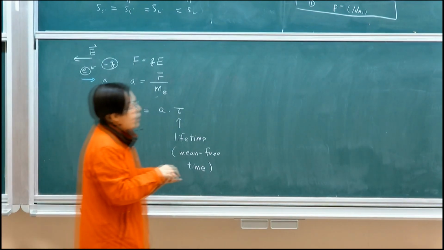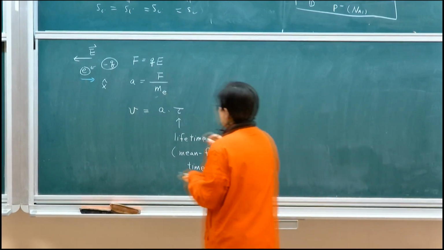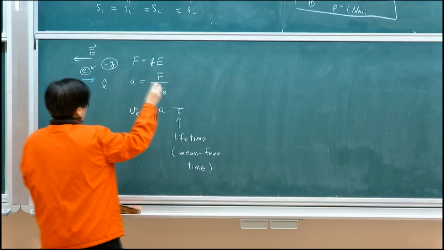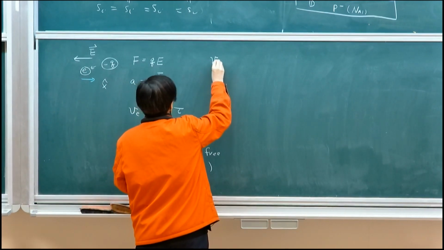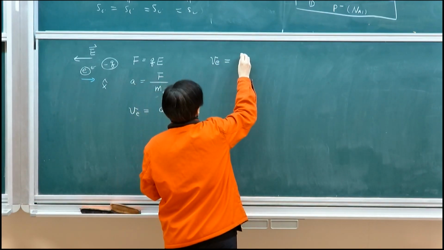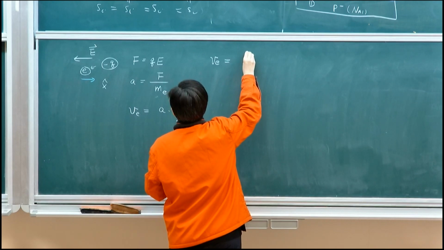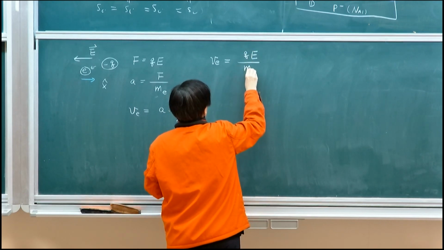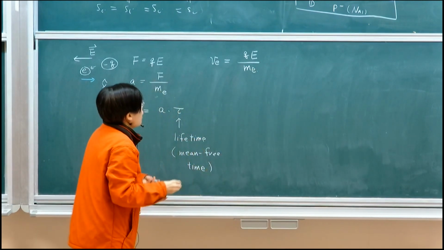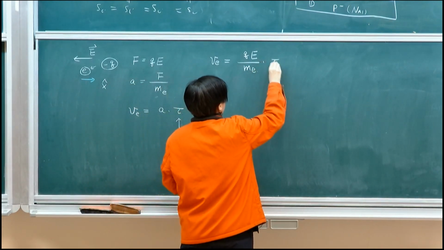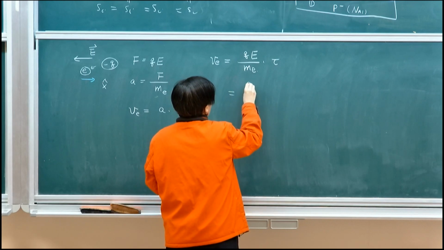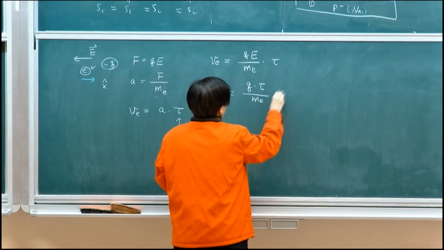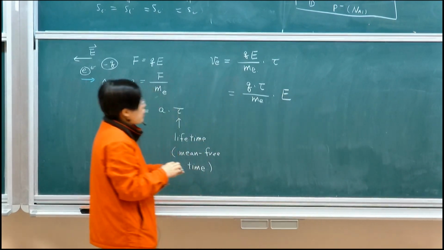So if I want to find out the mobility, let's say this is the electron moving speed. So your speed will be determined by Q E divided by your mass, and then times the time. So finally we get this, and this is why you get a constant.